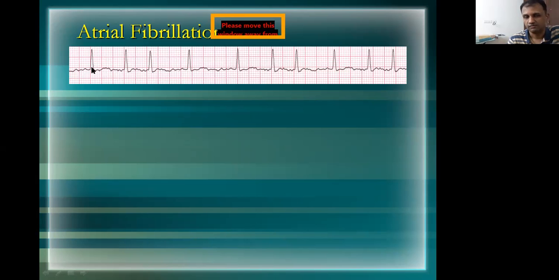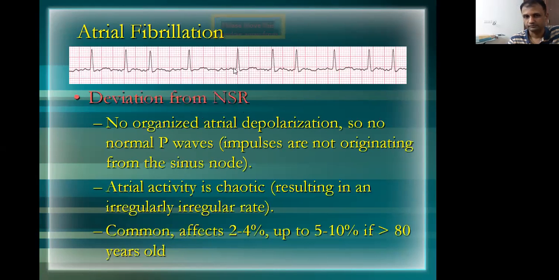The QRS is the ventricular conduction. You can see a varying RR interval. This is the R wave. If you draw a line in between, this gap is bigger than this gap, and this gap is bigger, and then they suddenly become smaller. So it's called an irregularly irregular rhythm.